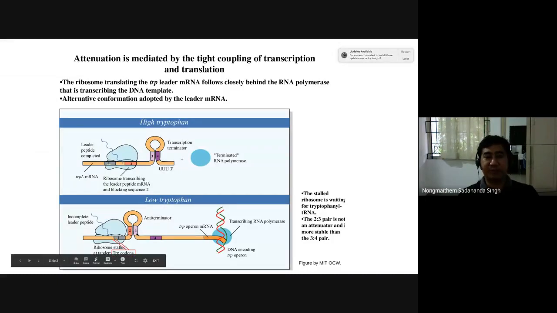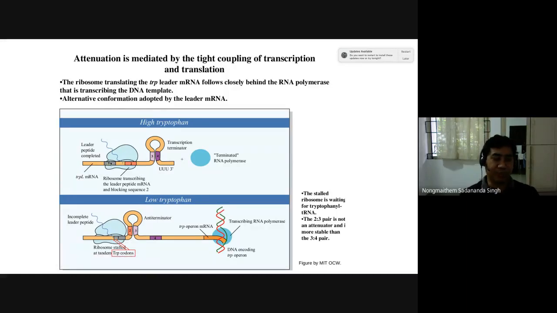This solely depends on the rate of translation. As you know, in prokaryotes like E. coli, translation and transcription are coupled. That means when transcription is going on, translation can also initiate even if transcription hasn't finished yet.